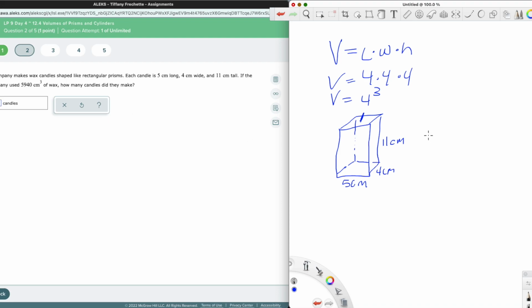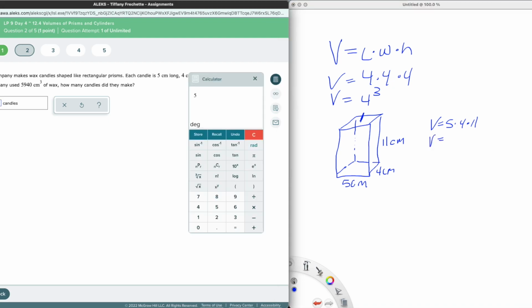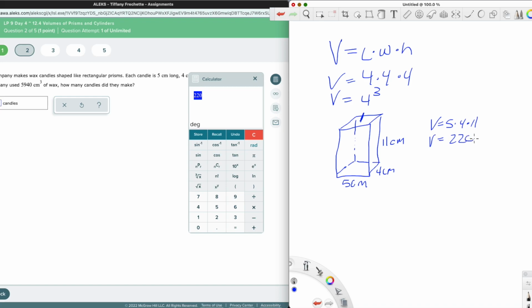So I'm going to go length times width times height. So the volume of this one candle is length times width times height. So I get 220. So every candle uses 220 centimeters cubed of wax. And the company used 5,940.